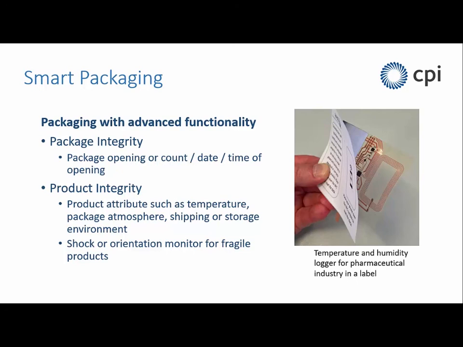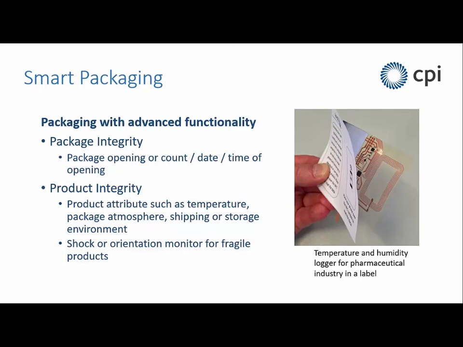For some reason, they always choose whiskey as an example for this particular application, but I suppose it's very appropriate given where we are. But package integrity, making sure that electronically your package has not been opened previously, is very good. Product integrity is also important, so that you know that it's not gone out of temperature range.